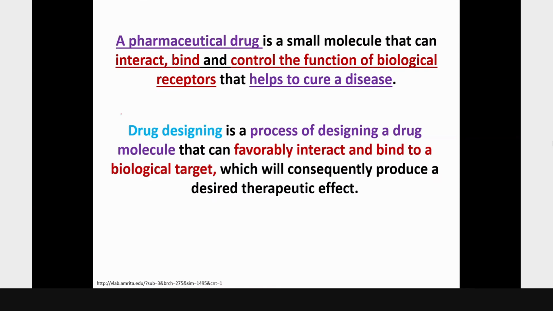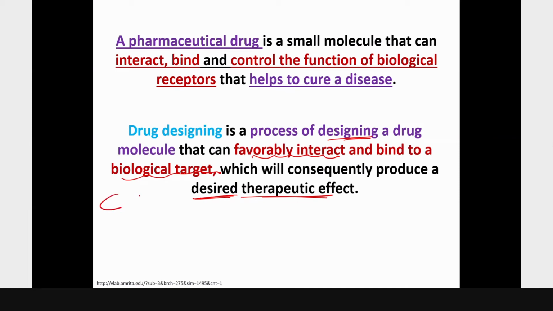We are coming up with a molecule which can favorably interact with the receptor, and bind to a biological target, so that we get our desired effect. Suppose we have some pain or fever, so we take paracetamol, and the paracetamol goes within the body. There are some receptors in your body called cannabinoid receptors.